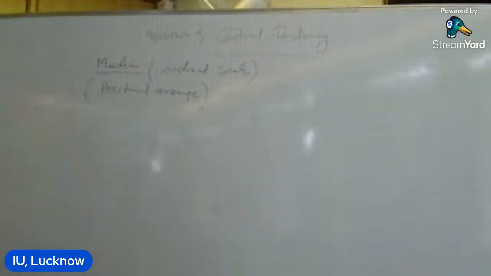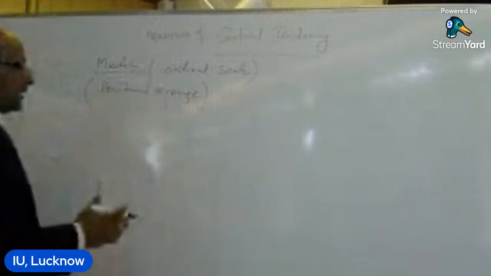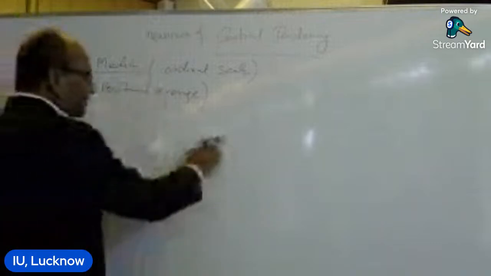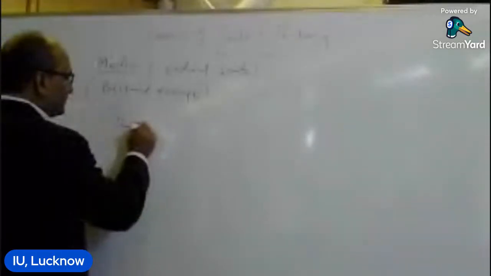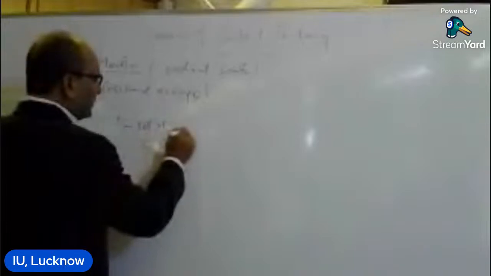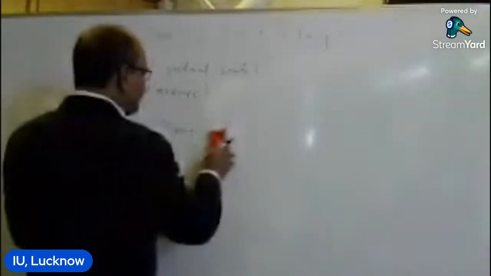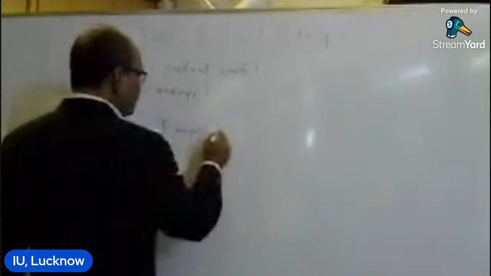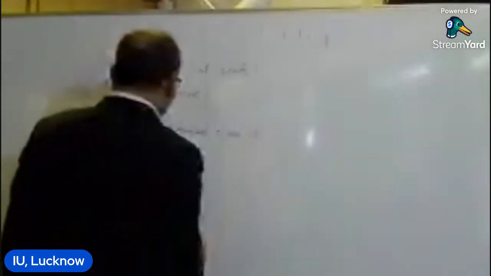of the central values. So median can be defined as a set of arranged observations.